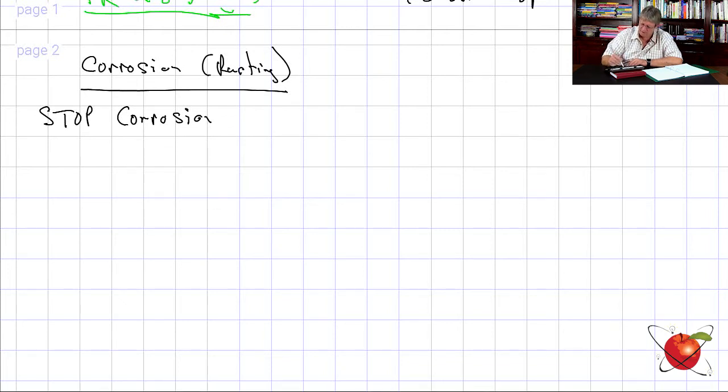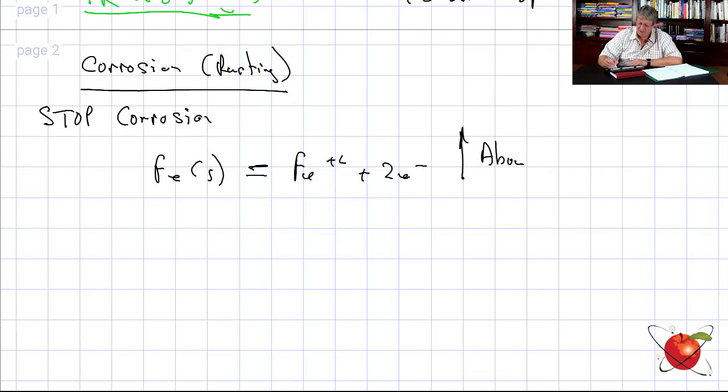Remember, this here is our loss. If we turn it around and look higher on the table, if we look above, these will rust first.